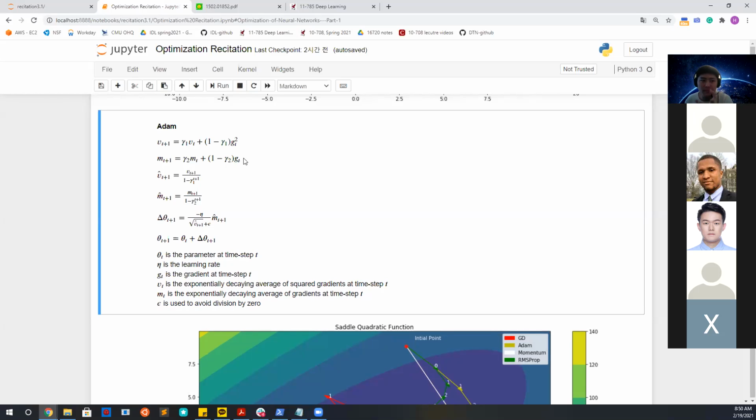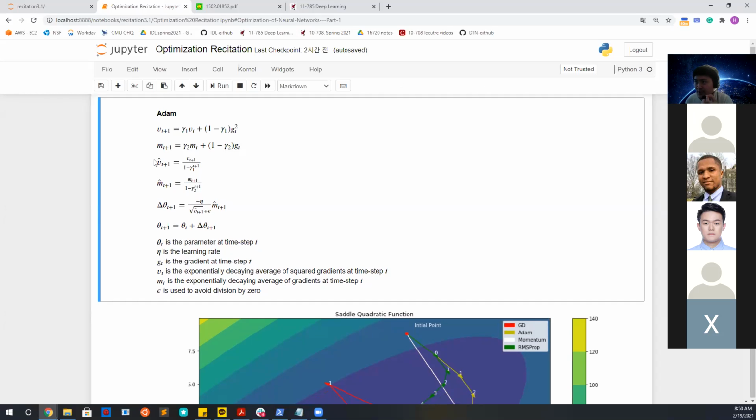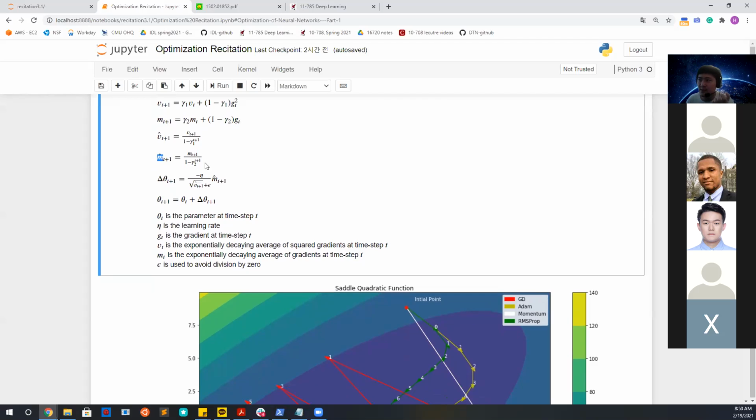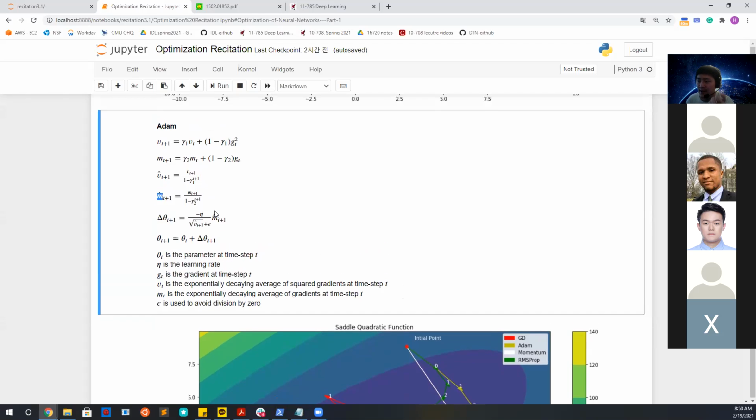So it's doing both. And v hat and m hat exist as a way to have an unbiased version of vt and mt. That's what Adam is doing, and then you update the parameters according to it.